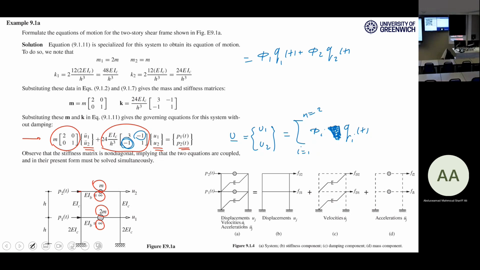That's why we're assuming it's a combination of phi as a function of location and q as a function of time. It's really an assumption, but in applied mathematics, for some partial differential equations, if you do not take this assumption, there might not be any method to solve the partial differential equation.